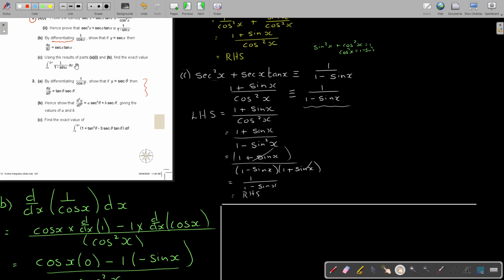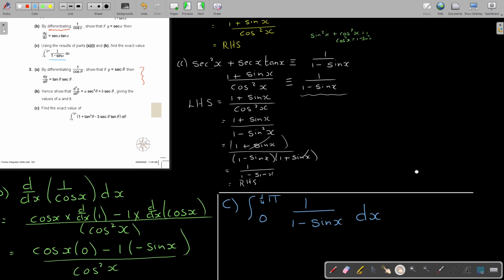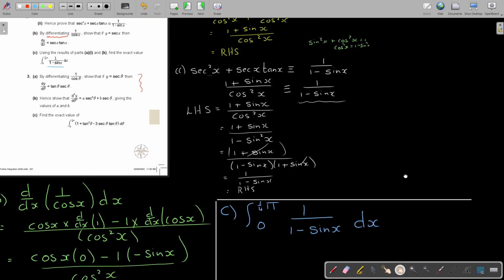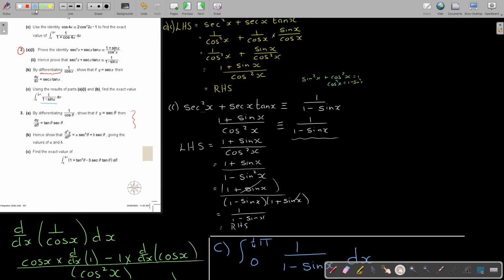As I said, I'm going to write it here. This is C. There's my integral from 0 to a quarter pi of 1 over 1 minus sin x dx. Now, don't forget, this statement is equal to this statement.